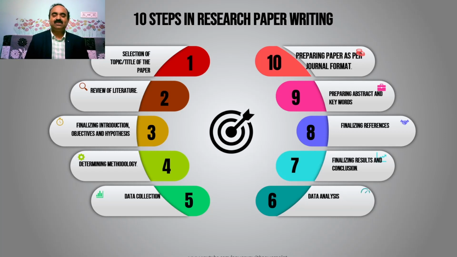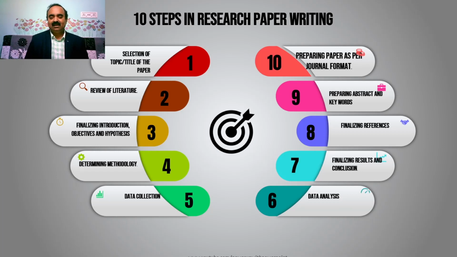And also, abstract will be useful for the general readers to understand briefly what is the content of your research paper. Generally, researchers will go through abstract, and depending upon the content in the abstract, they will decide whether to go through the full paper or not.